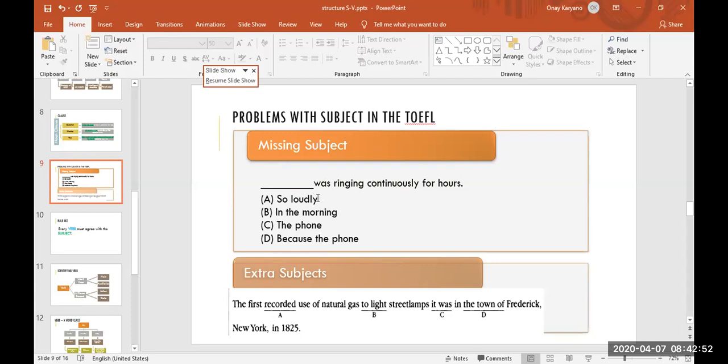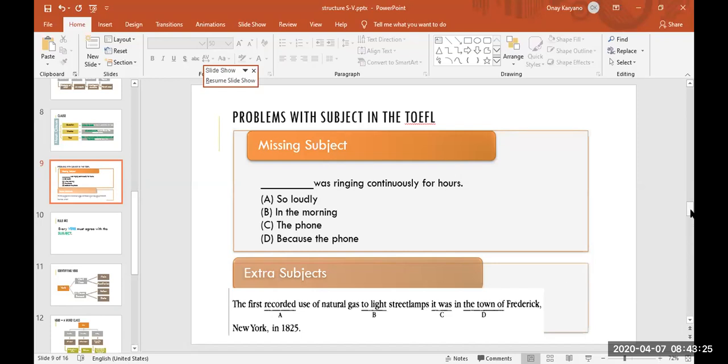"Loudly" surely is an adverb, so it's not a noun and not the correct answer. "In the morning" is also an adverb of time, so it's still not the answer. And we have two possible answers because both contain a noun, the phone. Since there is the word "because," which makes the sentence a dependent clause, not an independent one, I think the best answer is C, the phone.